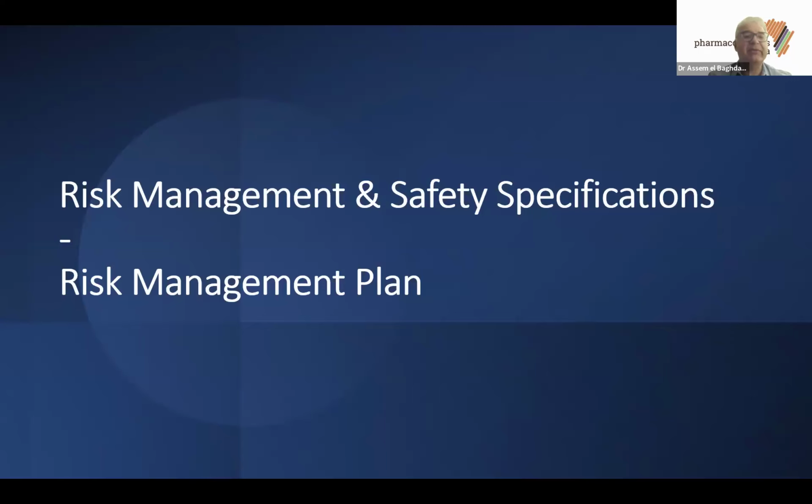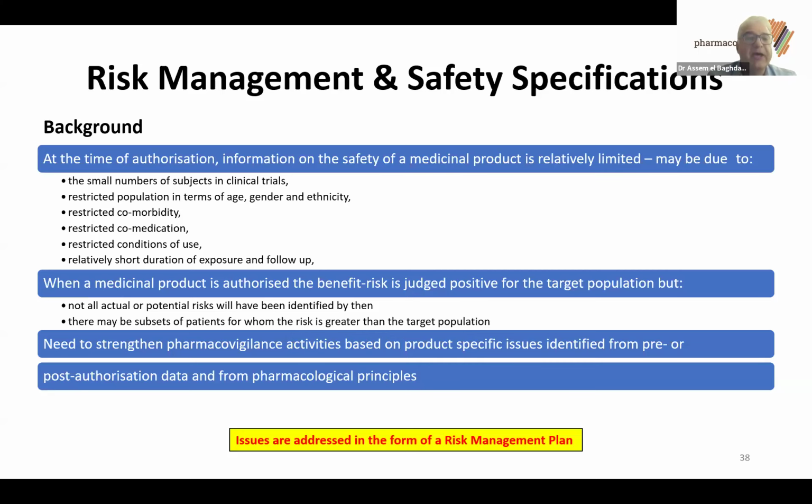No. You cannot eliminate risk. So you cannot ever eliminate risk, but you can reduce the risk. Okay, there is nothing without a risk. So in the risk management aspects, the background here is we talked about that small number in the clinical trial, restricted population, comorbidity, because all of these are governed by the inclusion-exclusion criteria in the protocol, where the sponsor was in control of what to get into the study and what not.